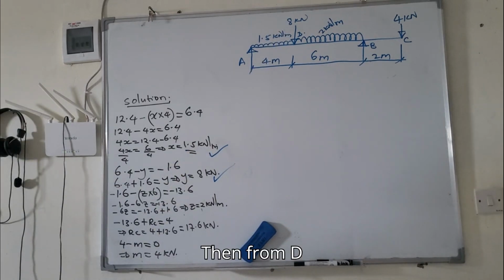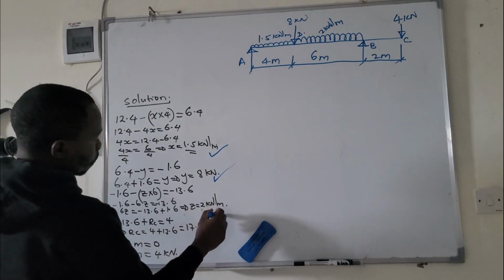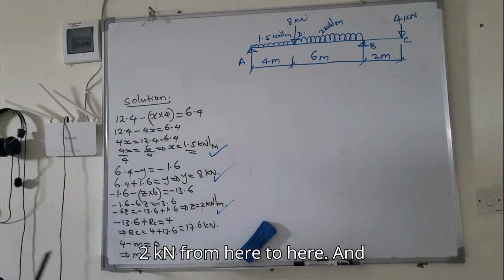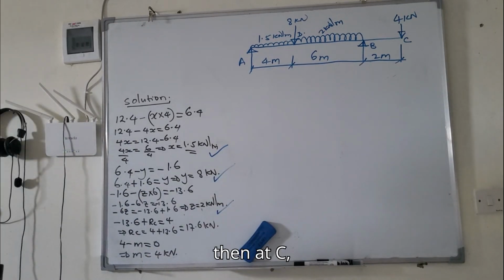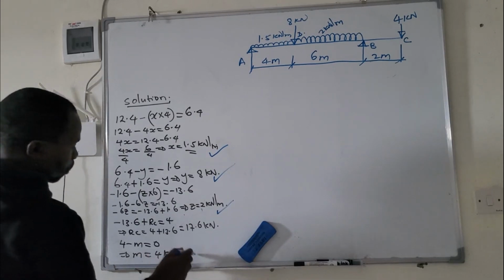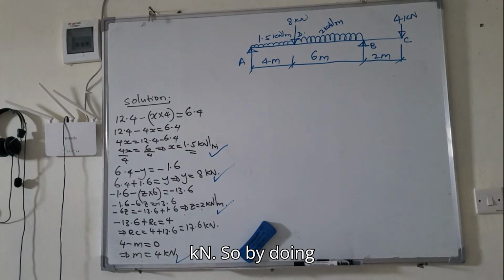Then from B to C, 2 kilonewton per meter from here to here. And then at D we have 4 kilonewton.